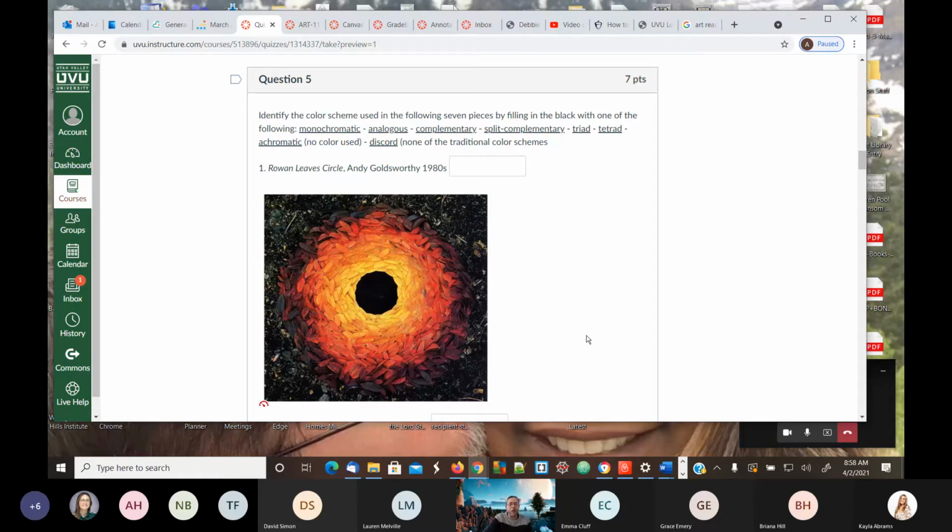Question number 5 shows a series of photos, and the different color schemes used are monochromatic, analogous, complementary, split complementary, triad, tetrad, achromatic, and discord. What I would like you to do as you go through this, I'm sorry, there's 7 photos and there's 8 options.